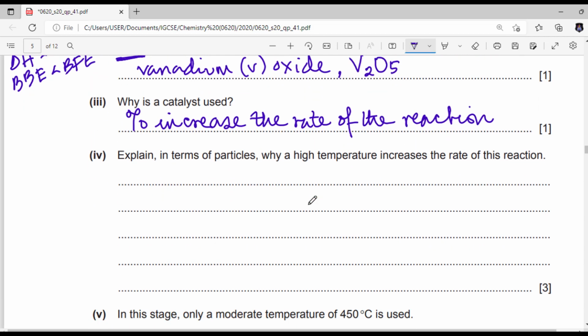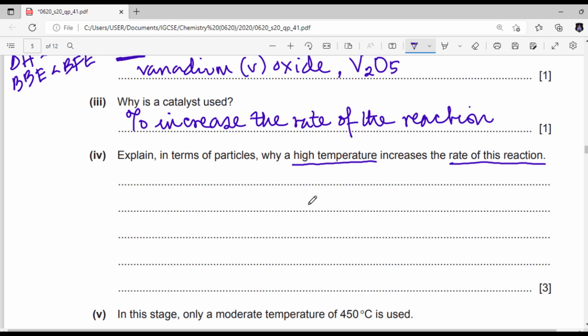Next question. Explain in terms of particles why a high temperature increases the rate of this reaction. Remember, we said that reaction can attain equilibrium. And from our knowledge of Le Chatelier's principle, there are different factors that can affect the equilibrium position of a system at equilibrium. And temperature is one of them. Fine. Or change in temperature is one of them.